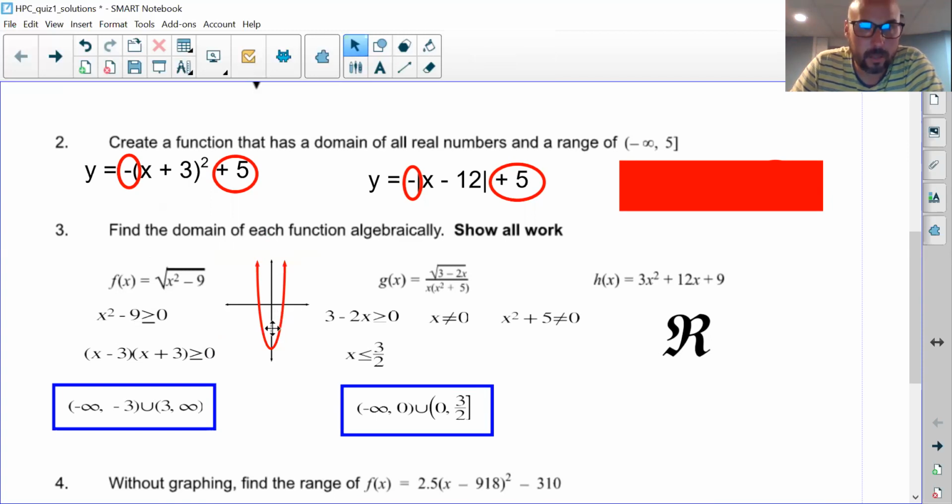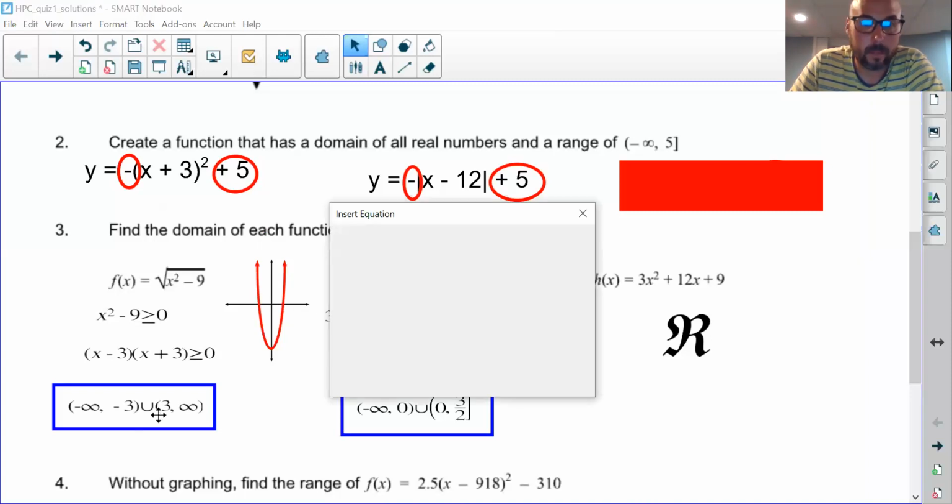So what should the domain be? The domain should be all the x values that produce these y values and these y values. So in other words, every x value from negative infinity to negative 3, including 3 to infinity. And I made another mistake here.